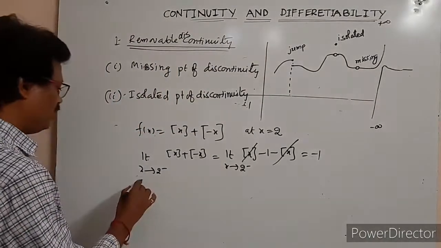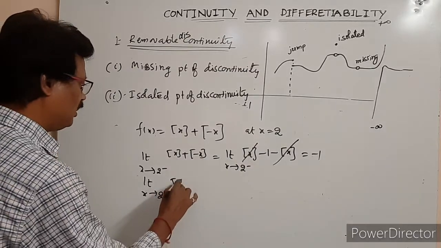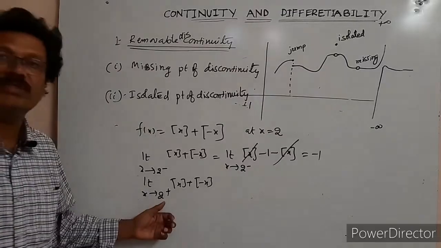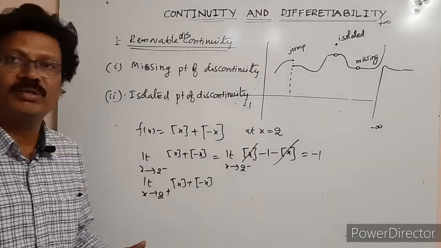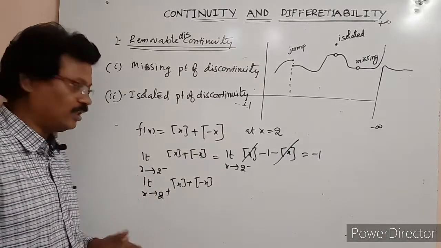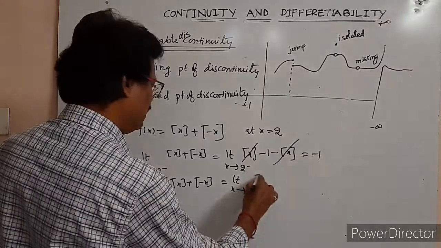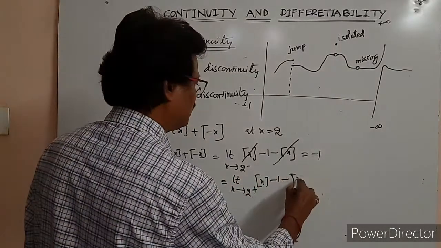Now if you see the right limit also, the limit as x tends to 2 plus of step x plus step of minus x. Here also x is just more than 2, not exactly 2, therefore it is also a non-integer. Since it is a non-integer, step of minus x will be written as minus 1 minus step x.